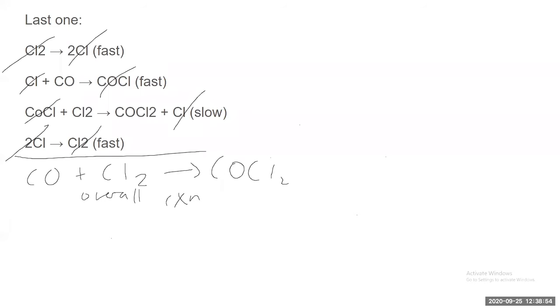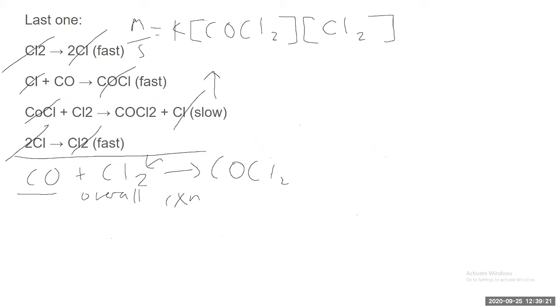Now the next step is to write out the slow reaction mechanism. It's going to be k times COCl2 times Cl2.